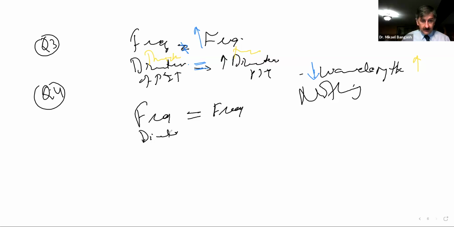So the diameter of the PZT is increased. What's going to happen to the diameter of the beam in the near zone?